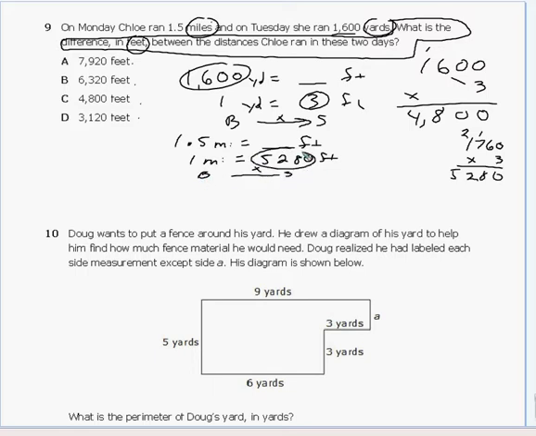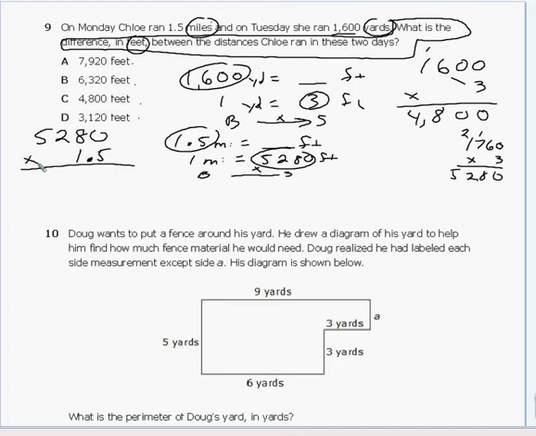I'm going to multiply 5,280 times 1 and 5/10. I messed that up a little bit, let's erase that. I actually don't put my larger number first. So, 5,280 times 1 and 5/10.